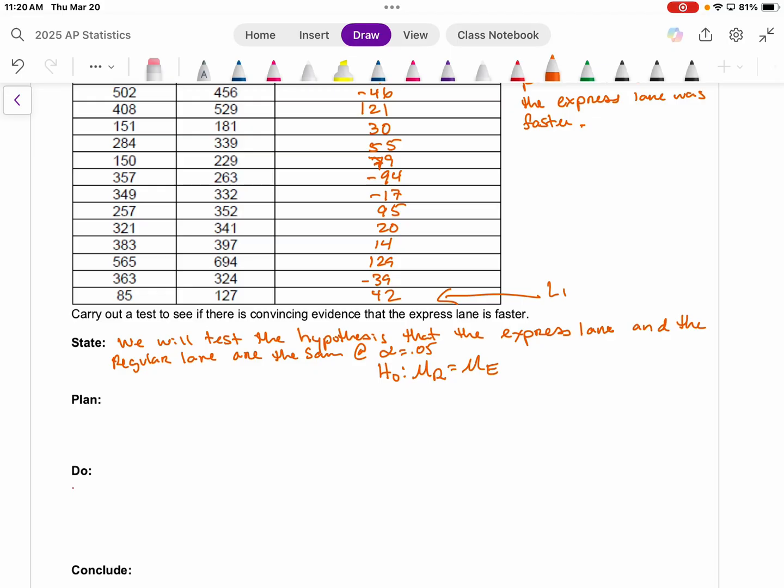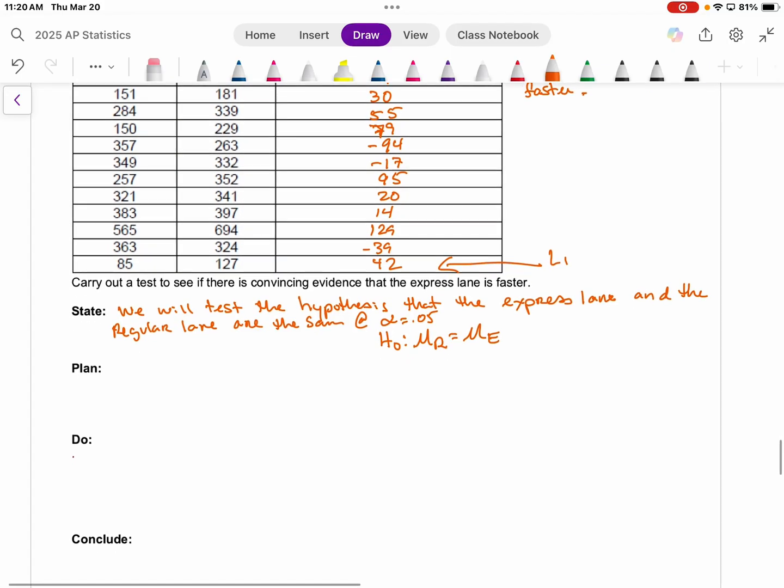I went ahead and stuck in that 0.05 there above the little squiggly line. Now, what is my alternative hypothesis? The way I have it written, it's like a 2 sample, but we're only doing 1. Let's tweak that. We're talking about mu d.